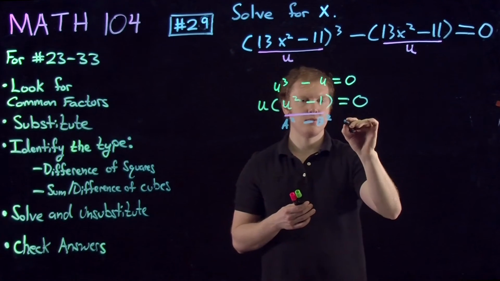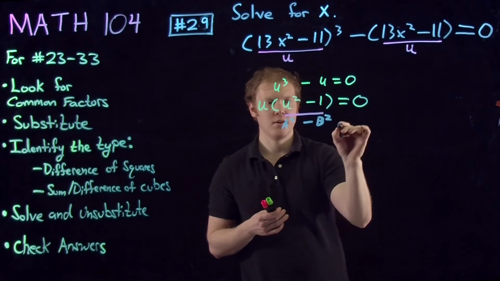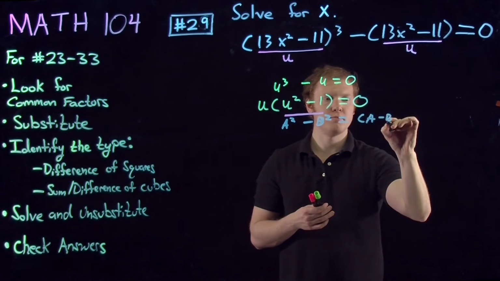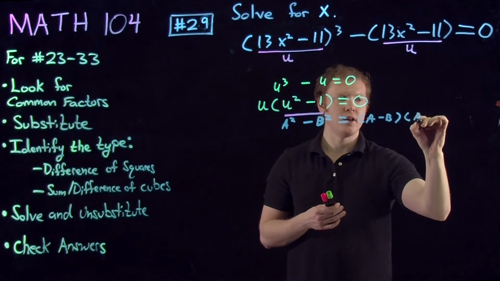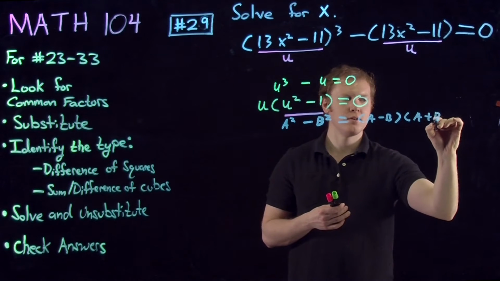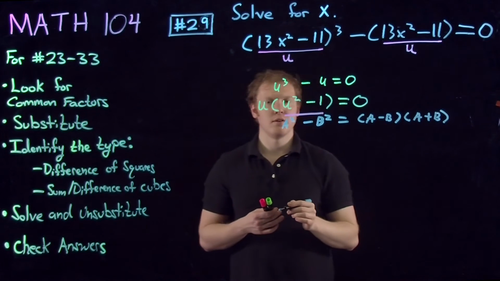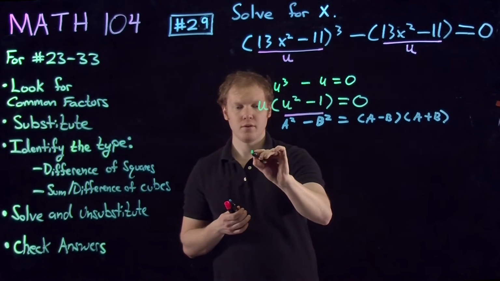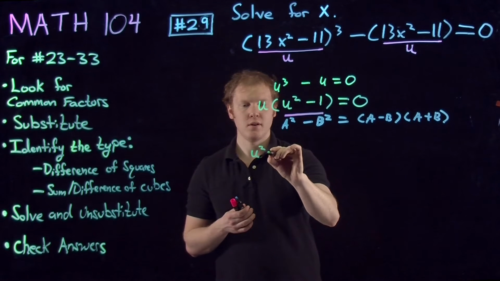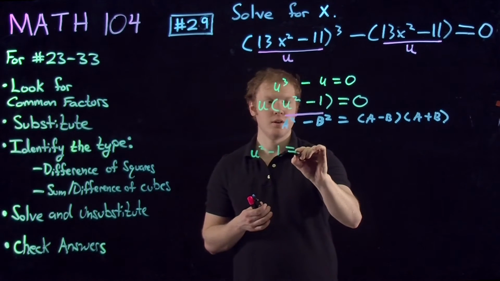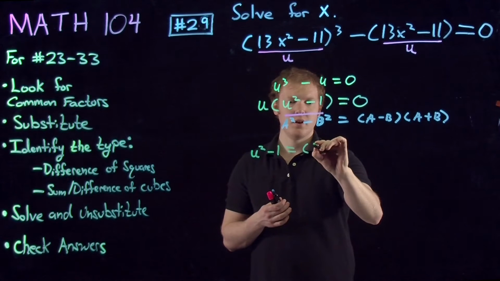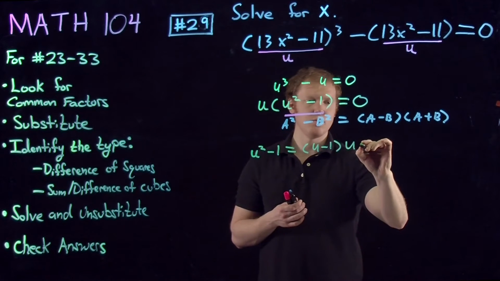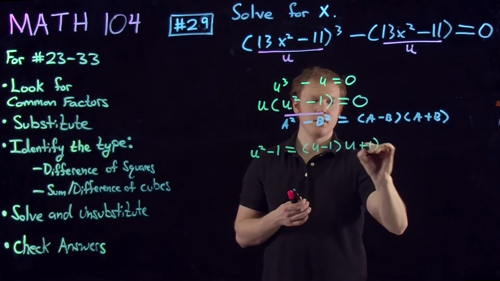Noticing that a squared minus b squared equals a minus b times a plus b, we get u squared minus 1 equals u minus 1 times u plus 1.